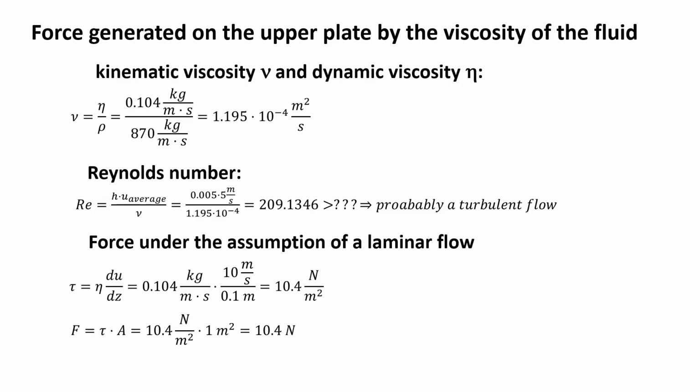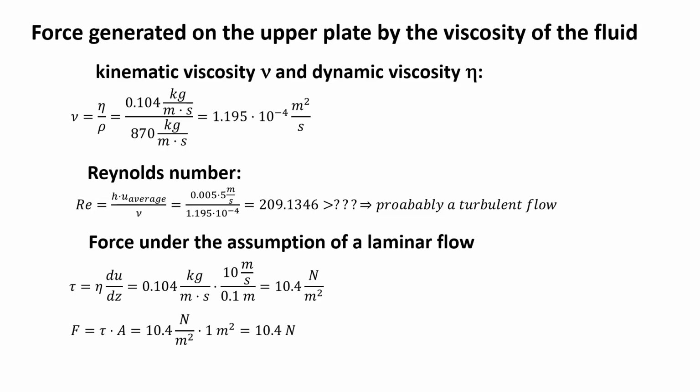As a second number, we calculate the Reynolds number. This is given by the length and the average speed divided by the kinematic viscosity. So we get a Reynolds number of 209. This might be probably a turbulent flow or not.